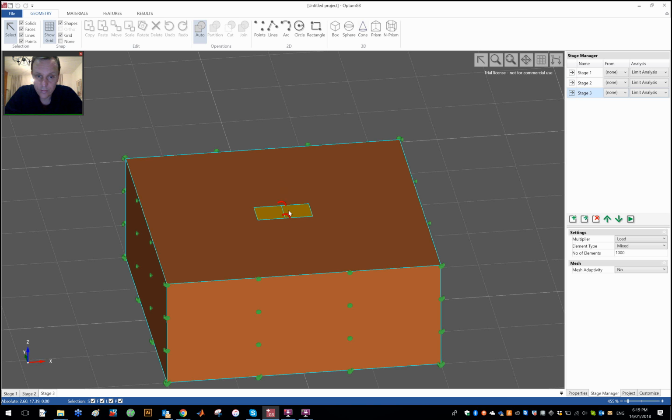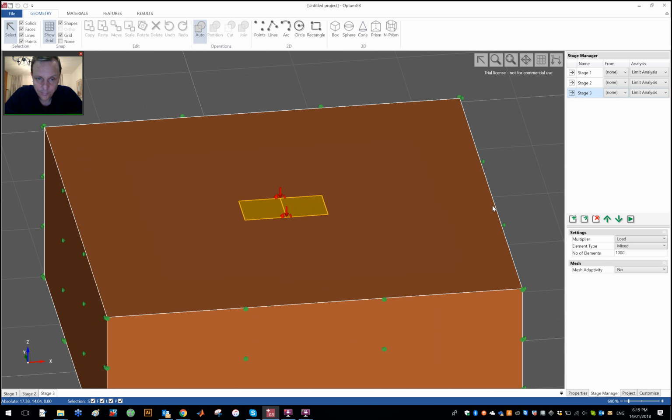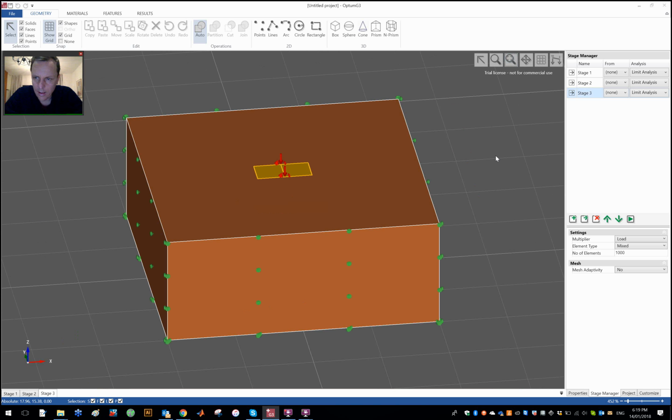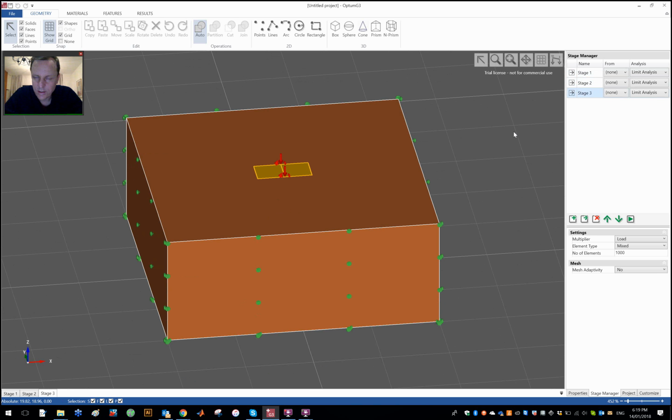We could have something like, well, why don't we say minus 0.5 and minus 0.5, so like that. And then we are left to do the analysis, and let's see how that goes.